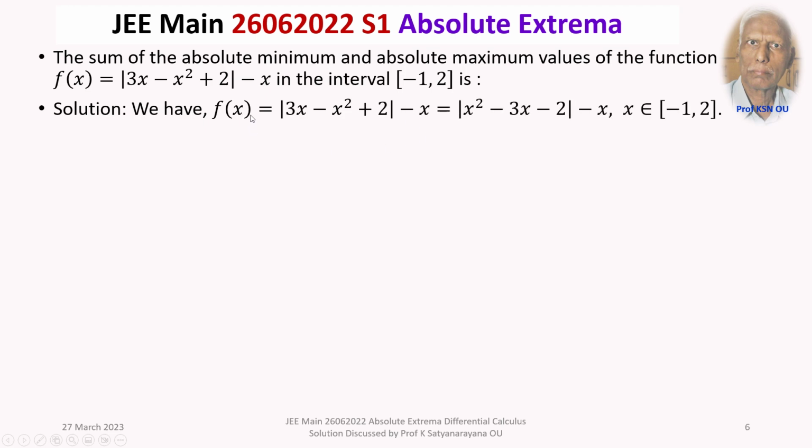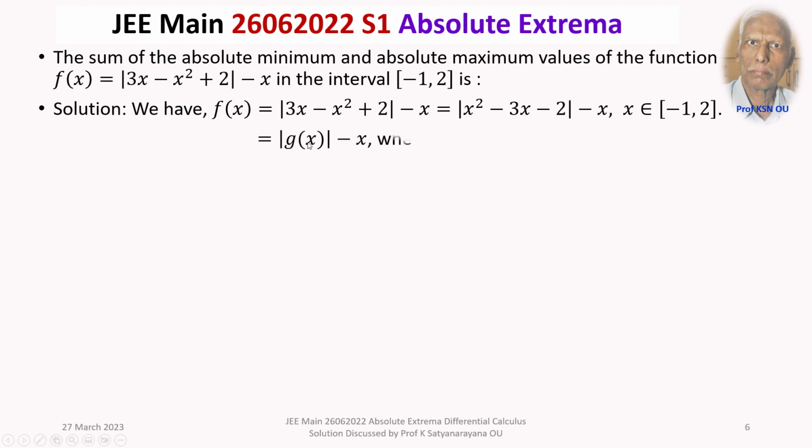We have f of x is equal to modulus of 3x minus x square plus 2, minus x. This mod of 3x minus x square plus 2, we have written as mod of x square minus 3x minus 2, and the function is minus x, where x belongs to the closed interval minus 1 to 2.